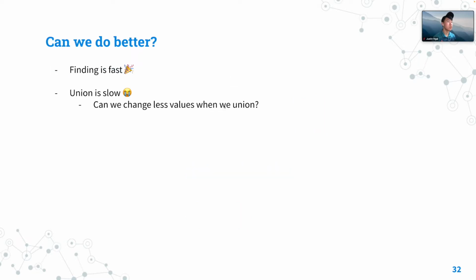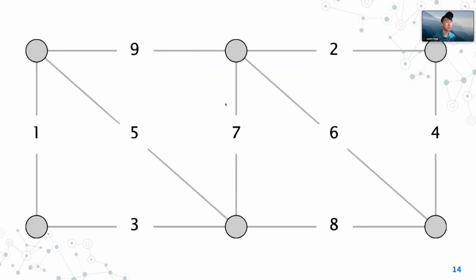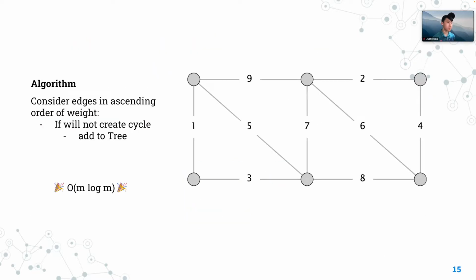However, we notice that the union is still really slow. And if we go all the way back to Kruskal's algorithm here, in this part, not only are we checking if adding an edge to this tree that I'm growing will form a cycle, which probably includes some calls to the find function of the disjoint sets data structure, but we're also adding things, so we're updating the sets as we go.